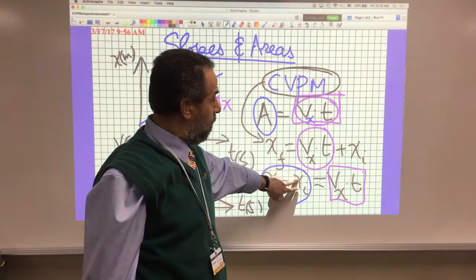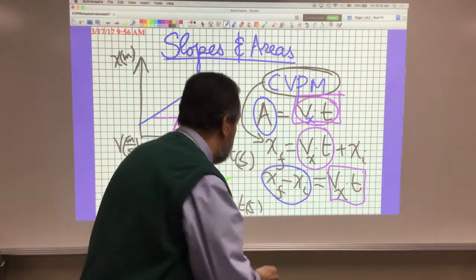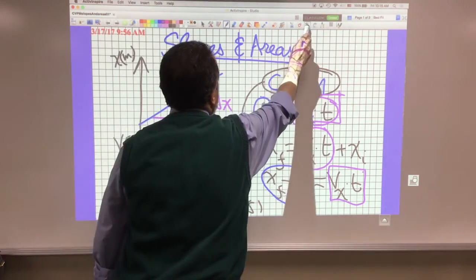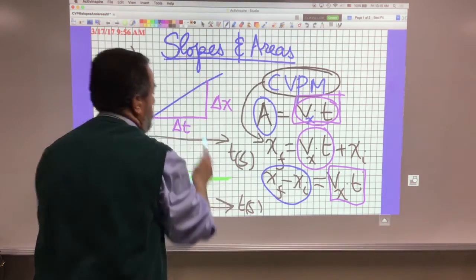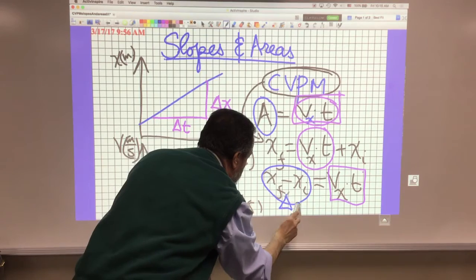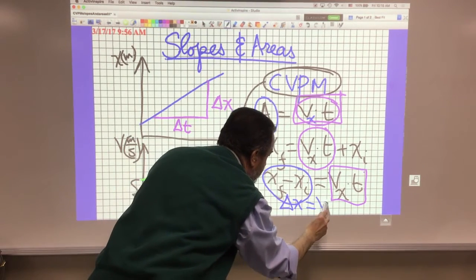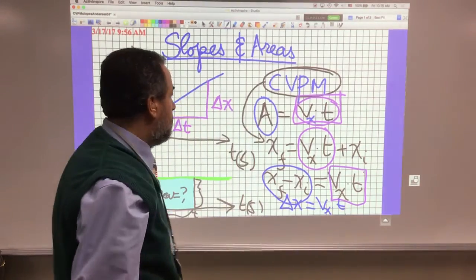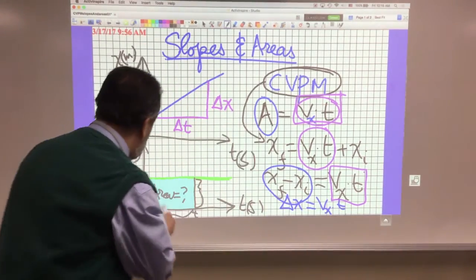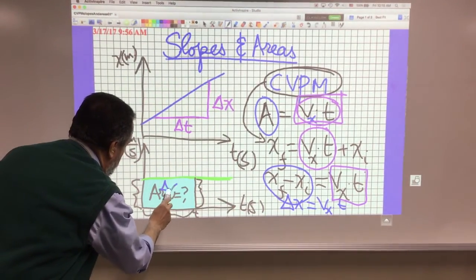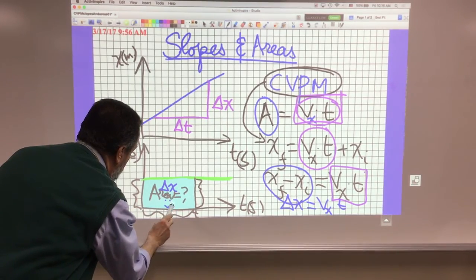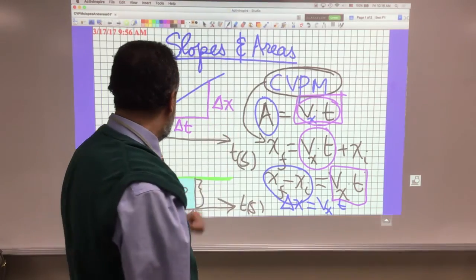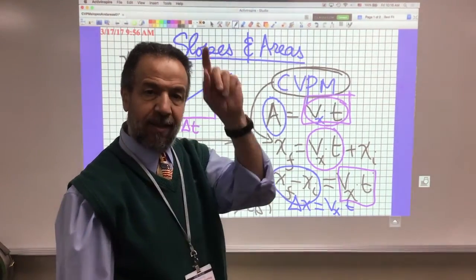If you've been taking good notes and you've been paying attention, you would have realized that this is actually the change in position, which we called the displacement. Therefore, we end up with something like this. So the area under the curve here is basically the delta x. Cool or no cool? Cool. Very good. Okay. Stop, please.